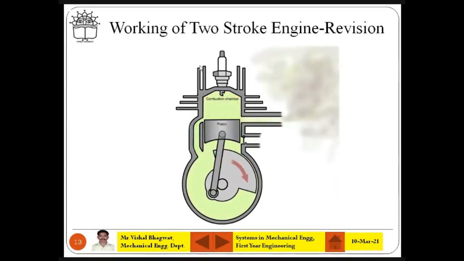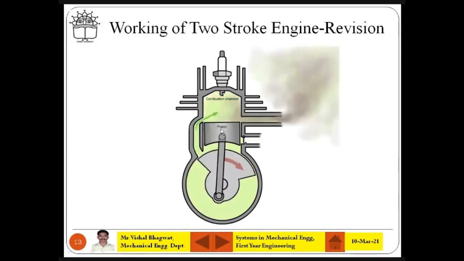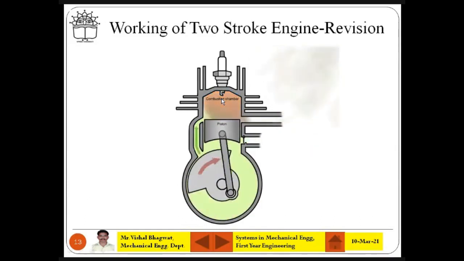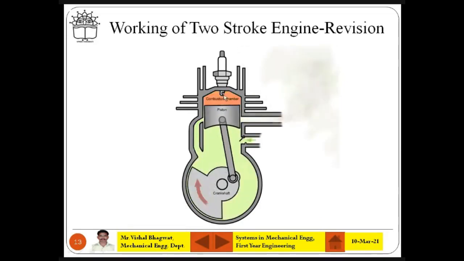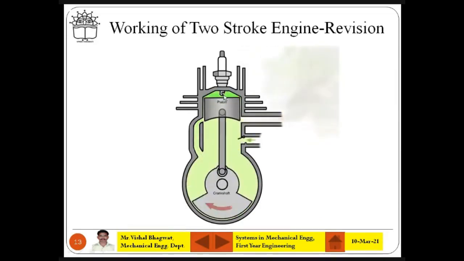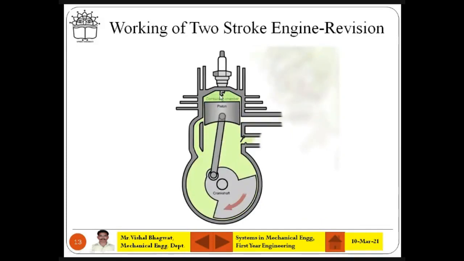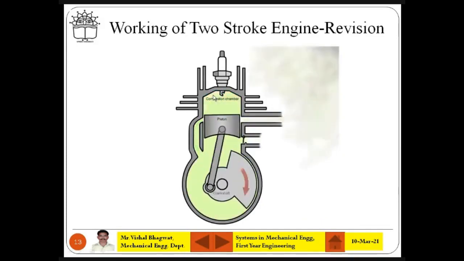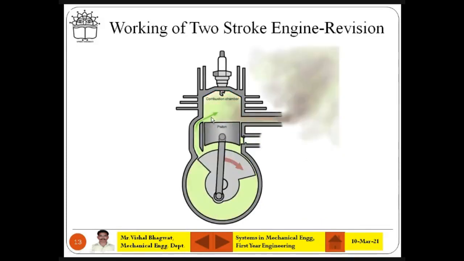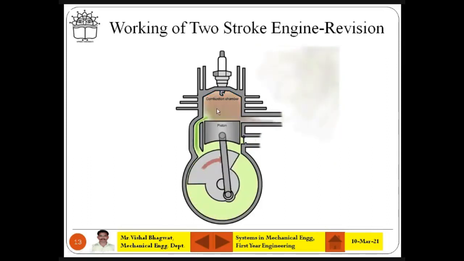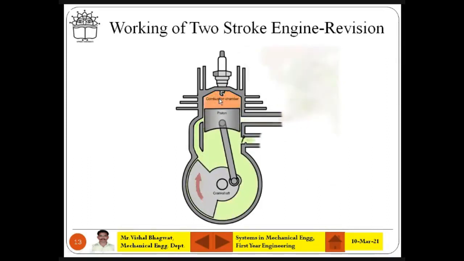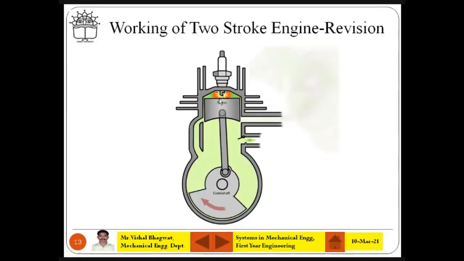Then for the downward stroke, at the end of the compression stroke there is a burning of the fuel, as the spark plug produces a spark. There is power produced. The burnt gases exert pressure on the head of the piston, and the piston rapidly moves down. That is called the expansion stroke, or the power stroke, or expansion operation or power operation.